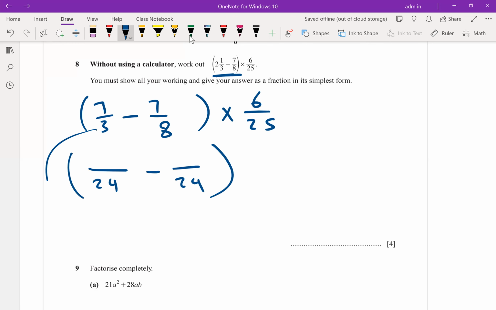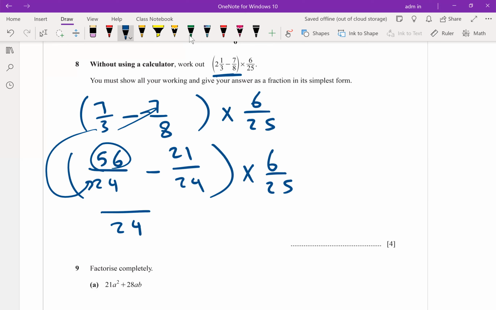So 3 to 24 means multiply by what? By 8. 7 times 8, 56. And 8 to 24 by 3, 7 times 3 is 21, multiplied by 6 over 25. The common denominator 24. 56 minus 21 is 35, multiplied by 6 over 25.